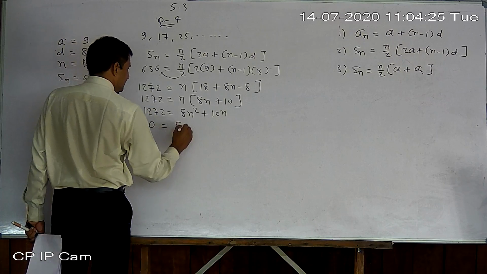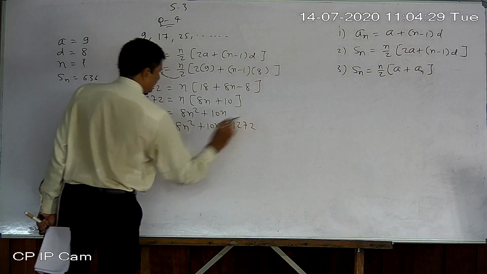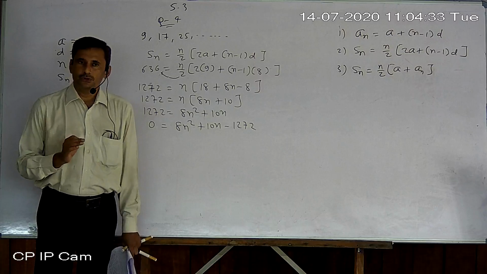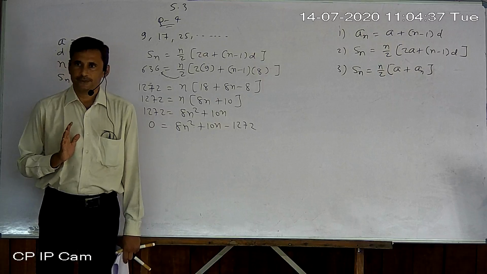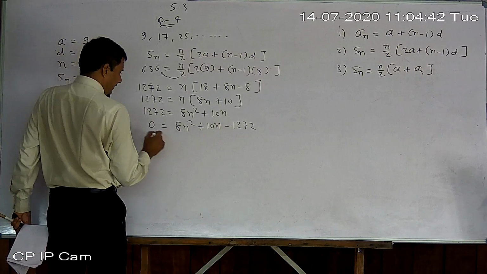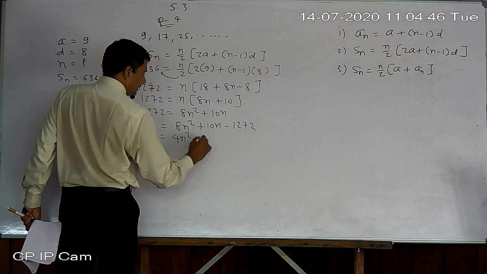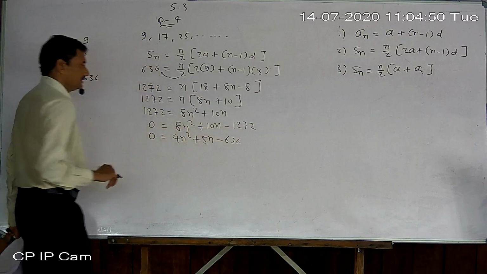So 8n square plus 10n minus 1272. And the second important point I told you: reduce that equation if possible. So it is reducible. Why? It is divisible by 2. So 636 is half of that.